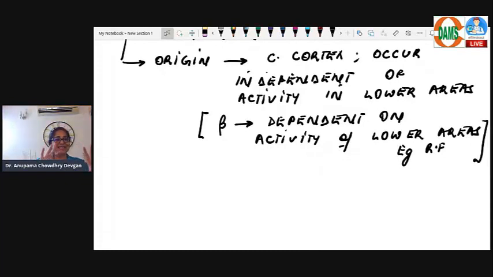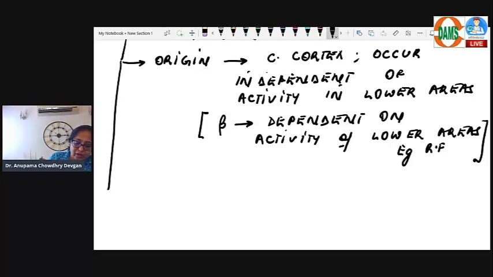Remember that the ascending reticular activating system causes a generalized activation of the cerebral cortex. That is responsible for beta rhythm. But delta is independent of activity of the lower areas, so keep that in mind.